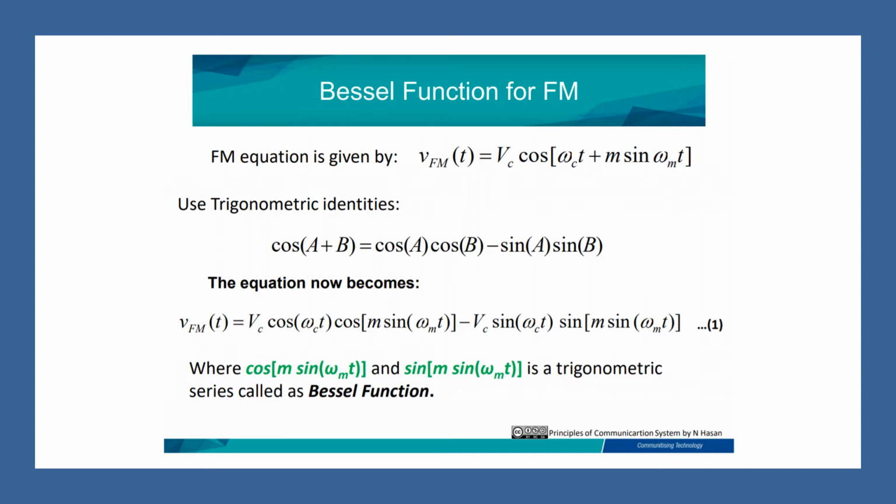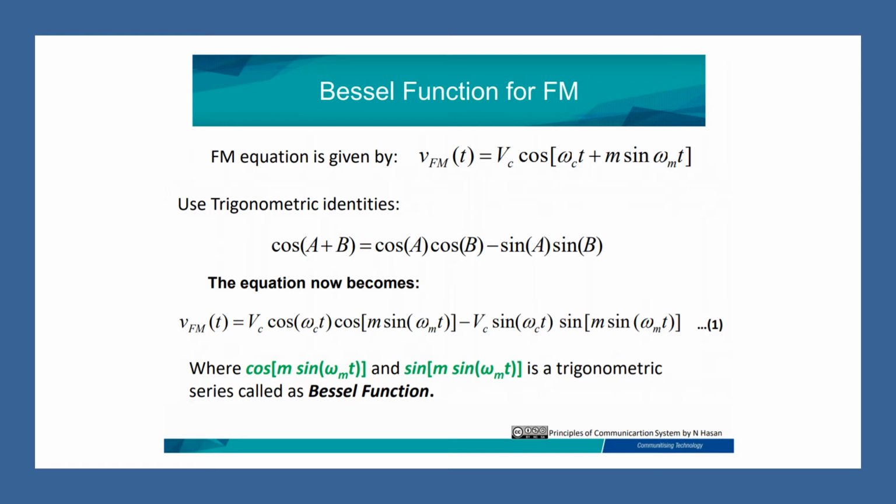The equation then becomes b sub FM of t equals Vc cosine of omega c t times cosine of m sine of omega m t minus Vc sine of omega c t times sine of m sine of omega m t, where cosine of m sine of omega m t and sine of m sine of omega m t is a trigonometric series called the Bessel function.